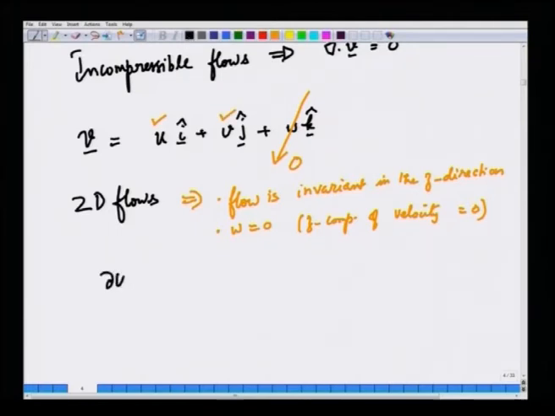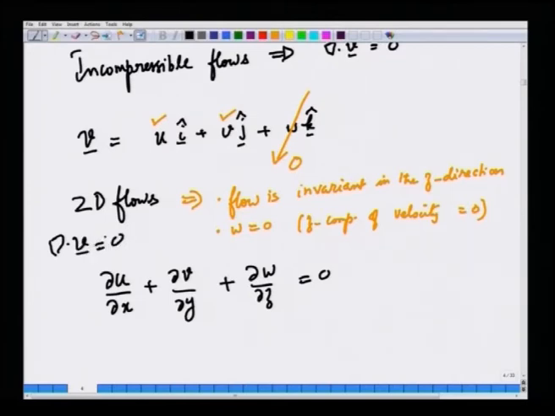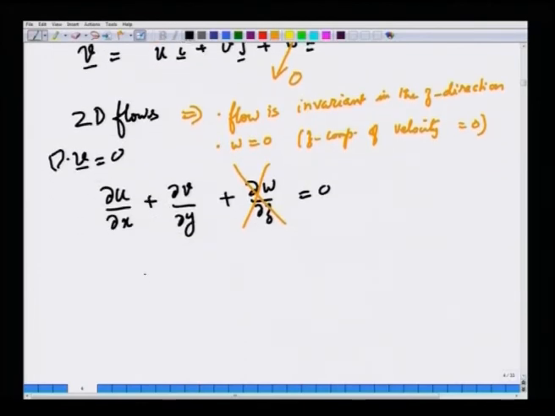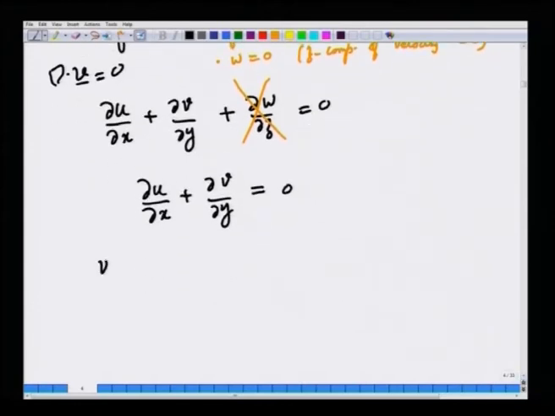The continuity equation in Cartesian coordinates for an incompressible fluid, del dot V equal to 0, means partial u partial x plus partial v partial y plus partial w partial z is equal to 0. But since we have said that w is not there, it is an incompressible 2D flow, so the continuity equation, or the mass conservation equation, simplifies to partial u partial x plus partial v partial y is 0. Both the components of velocity, u and v, are functions of only x and y.